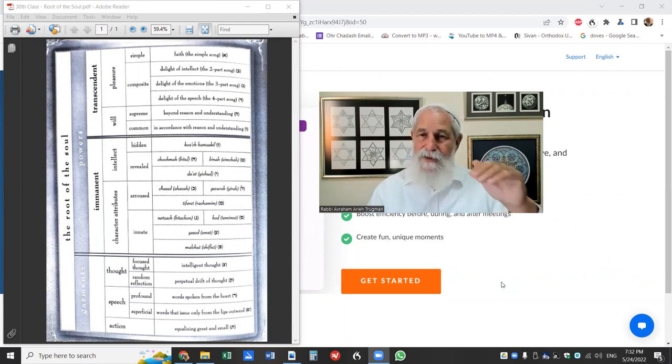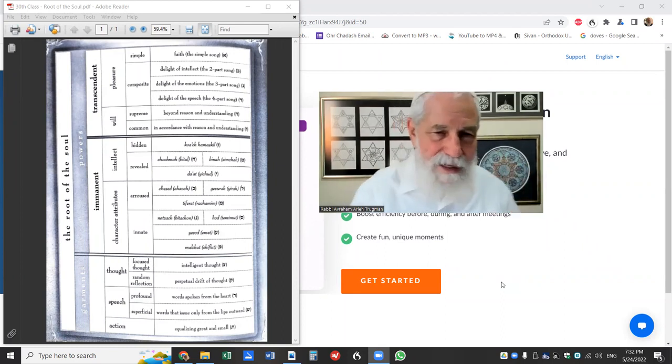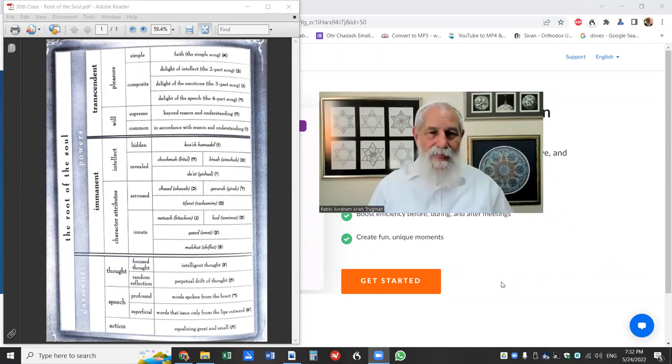There's a revealed level. There is conscious wisdom, understanding, and knowledge. But it's really drawing from a more hidden power of intellect that's really in Keter.